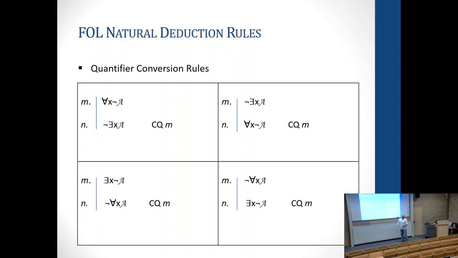Because you eliminate the universal, and then you have a sentence with a negation as its main operator, but it can feature any name you want. So that can be very handy. Similarly, if you're trying to generate a contradiction, having a negated existential can be extremely helpful because getting an existential is really easy.